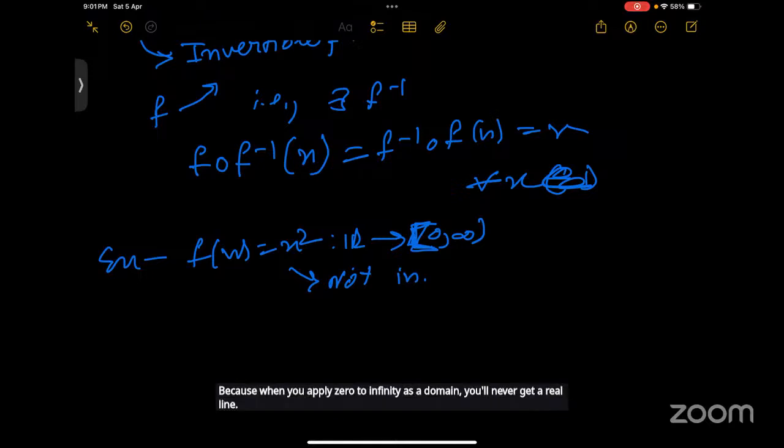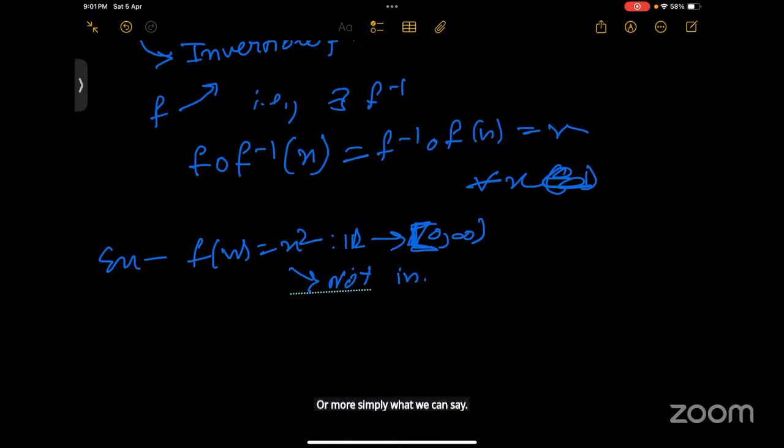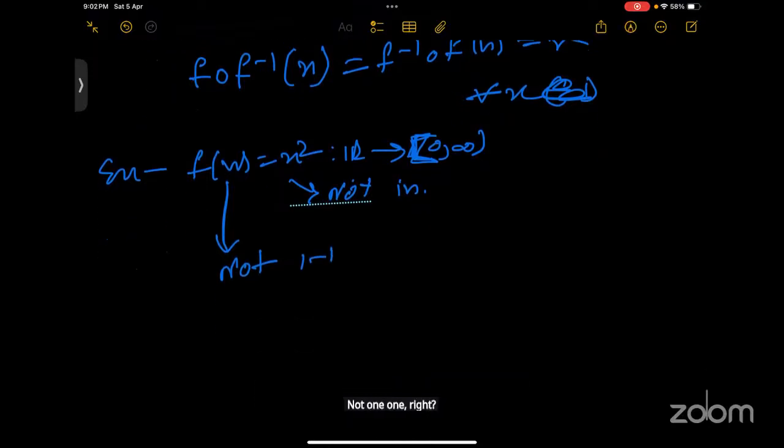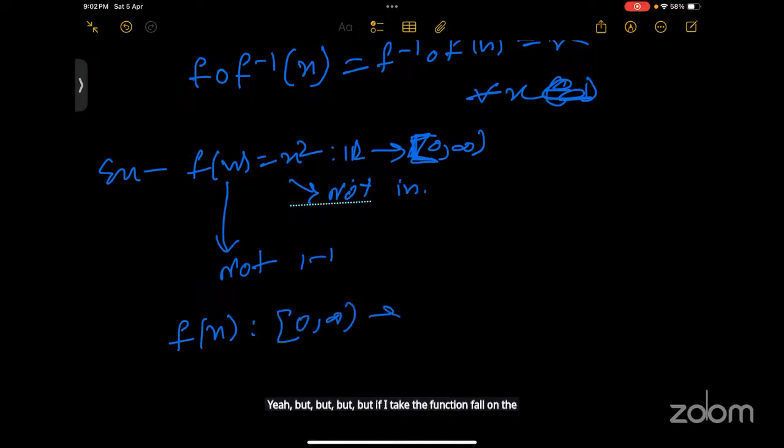Or more simply, what can we say? It's not 1-1, right? Yeah, not 1-1, because it's a parabola. But if I take the function from 0 to infinity to 0 to infinity, then that means you are restricting the domain to 0 to infinity.